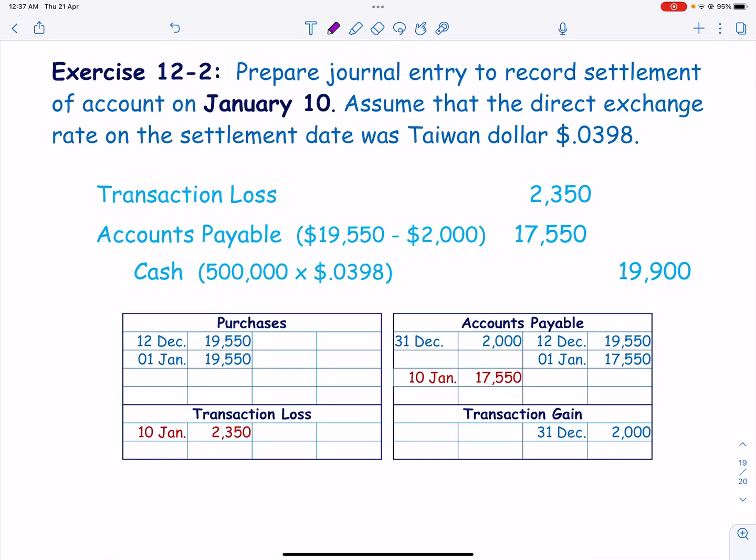On January 10th, the settlement date, the exchange rate was 0.0398. The exchange rate on the balance sheet date was 0.0351. So the US dollar has weakened now, and the Taiwanese dollar has become stronger.